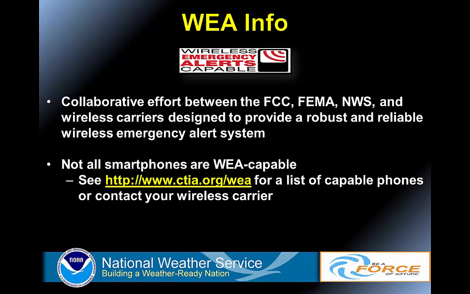And it's designed to provide you, the smartphone user, with a reliable wireless emergency alert system. Unfortunately, not all smartphones are WEA capable at this time. If you want to find out if your smartphone is WEA capable, you can follow that web address shown here, or you can contact your wireless carrier.